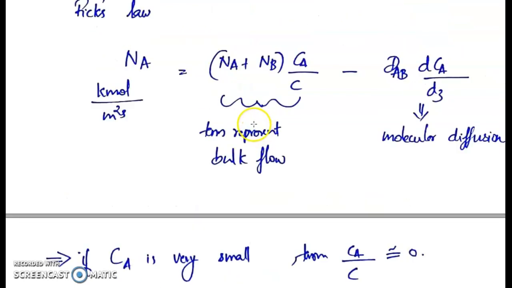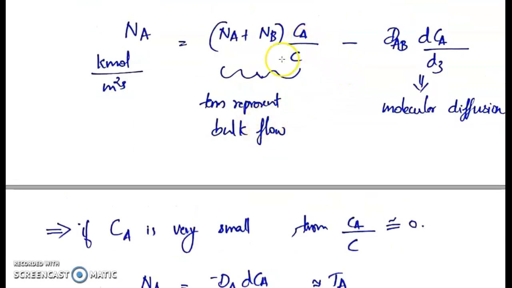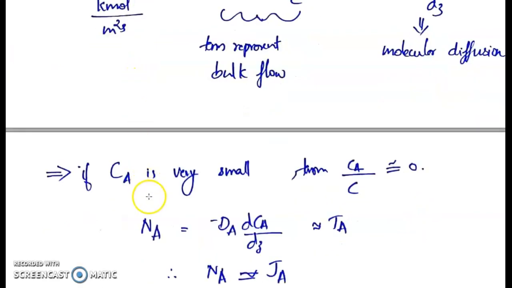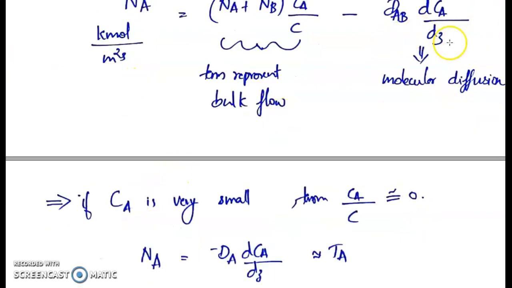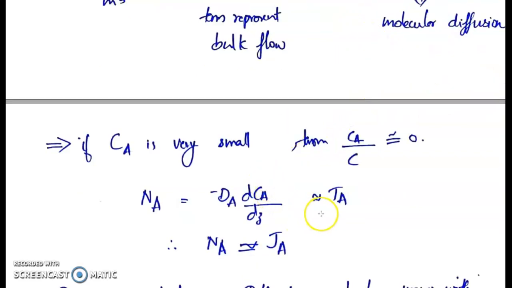Let's see its significance. Suppose the value of CA is very small. Then what will happen? This quantity CA by C can be approximated to 0. So now NA is equal to minus DAB dCA by dZ. But what is this quantity called? It is J, that is, molar flux relative to molar average velocity.